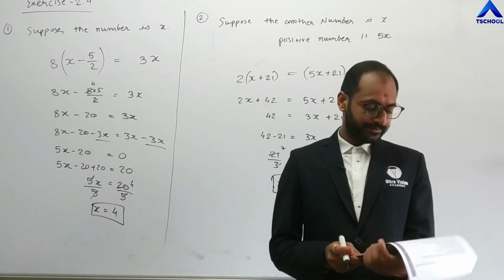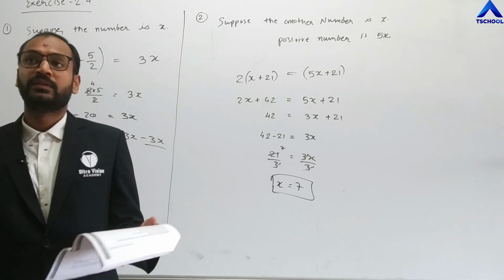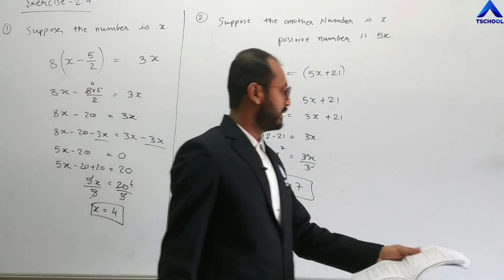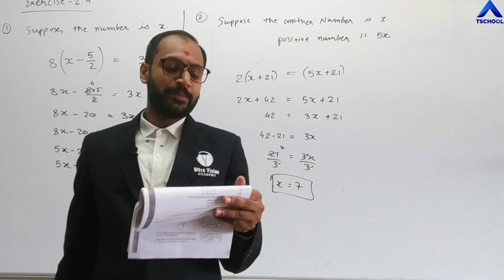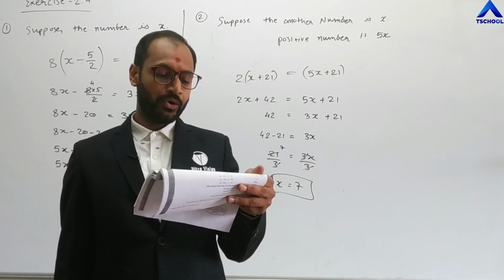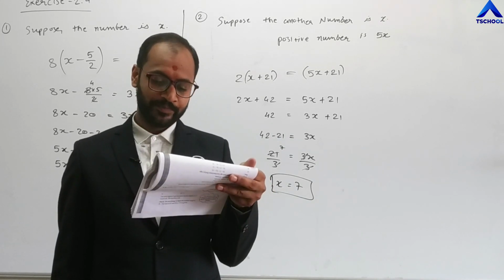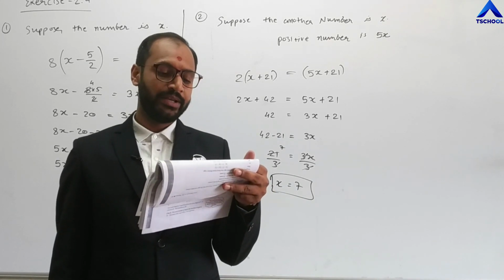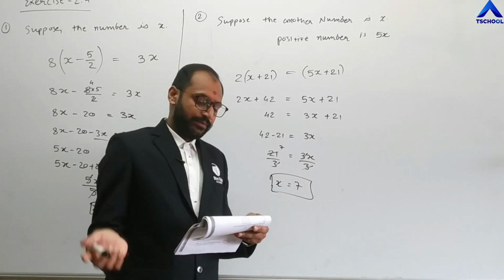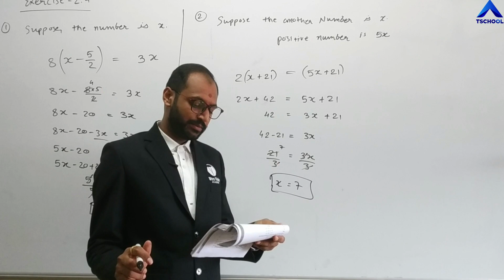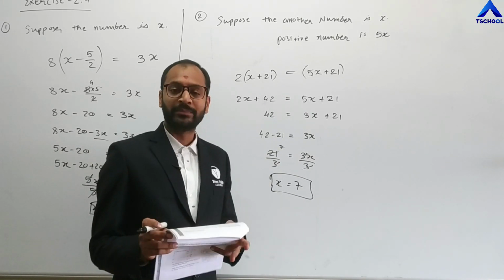Now it is time for homework. So solve problem numbers 3, 4 and 5 in the homework, because the problems are of a similar type, that means problems on numbers and some problems on ages. Clear? And we have solved similar problems.